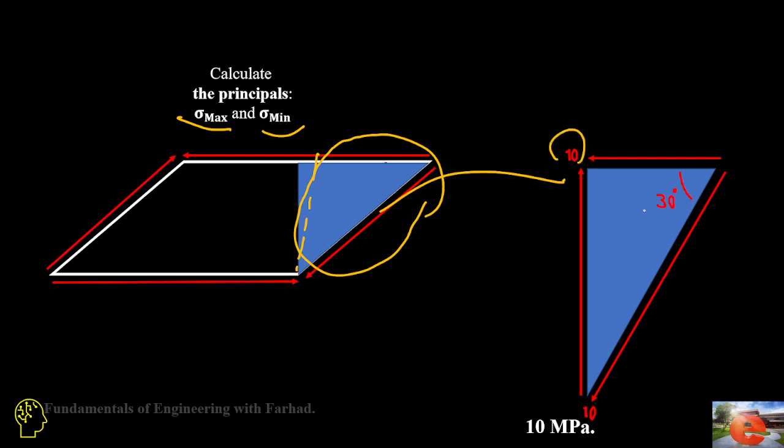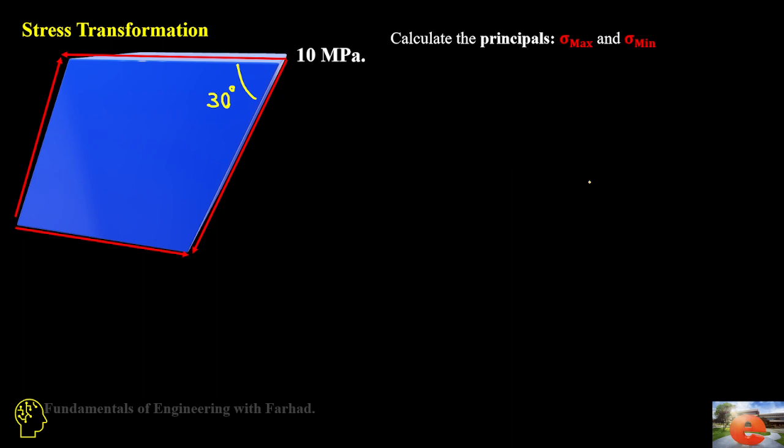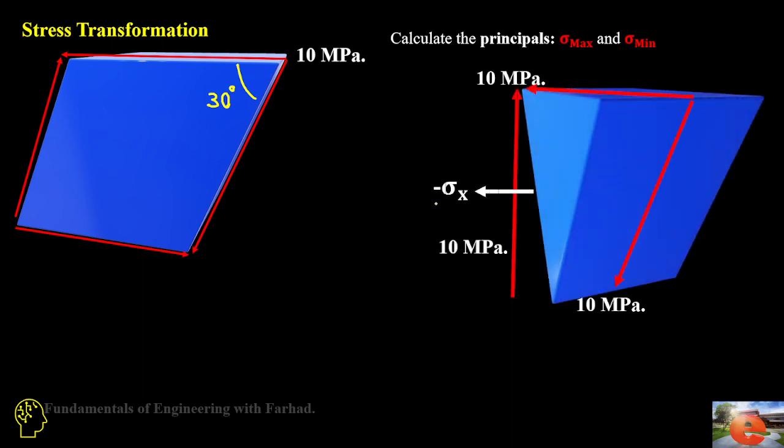So we have a 10 megapascal shear, and then we need to translate this length over the hypotenuse to the vertical axis and horizontal axis to get the forces. So we just take out this element in 3D format. You can easily see that this is the 30 degrees, this is our hypotenuse, and this is a 90 degrees.